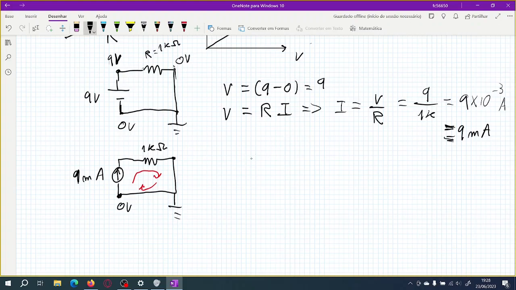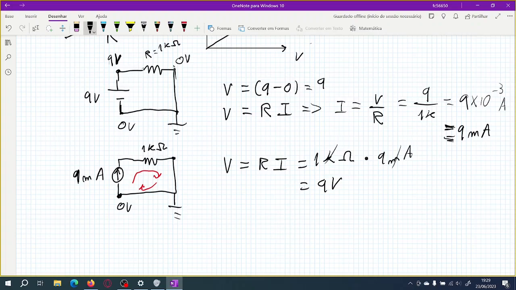So we can say that the voltage across the resistor will be R times the current going through the resistor. So it will be 1K ohms times 9 milliamps. So the K simplifies with the milli, and ohms times ampere is volts. So I have 9 volts. This way you can calculate the voltage drop across this resistor.